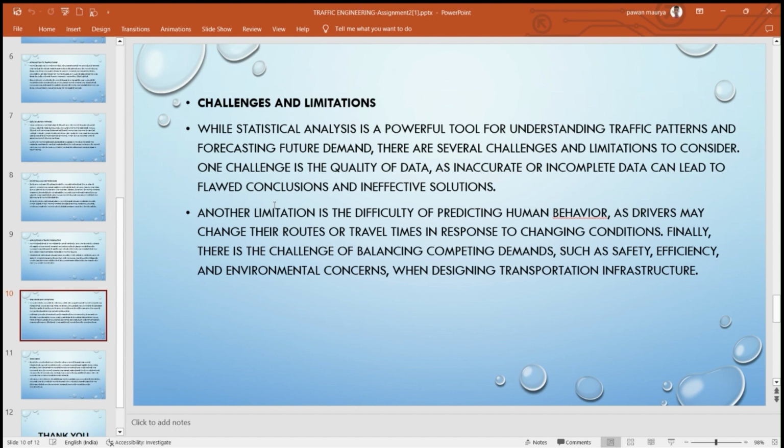Another limitation is the difficulty of predicting human behavior, as drivers may change their routes or travel times in response to changing conditions. Finally, there is the challenge of balancing competing demands such as safety, efficiency, and environmental concerns when designing transportation infrastructure.